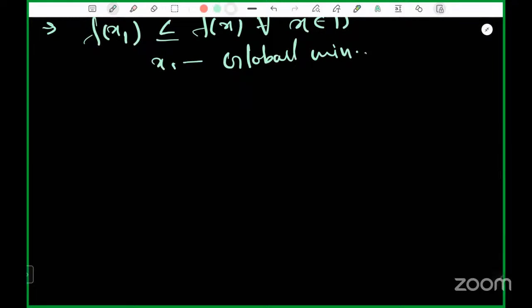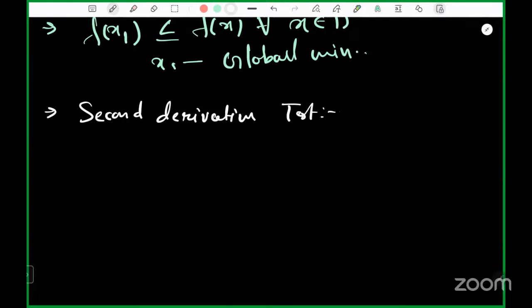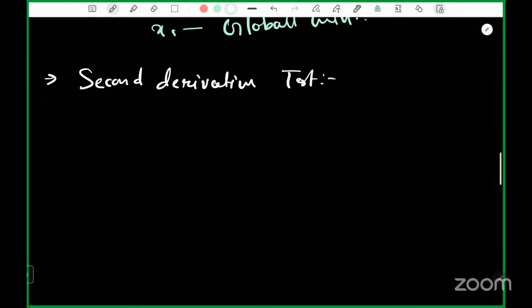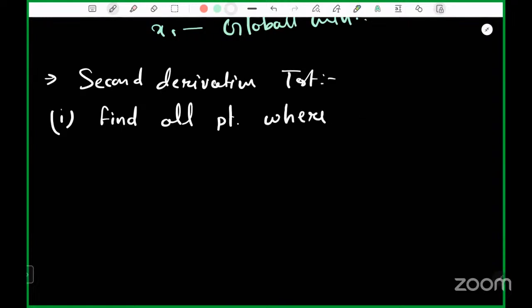So there is one second derivative test. If we substitute those roots in the second derivative, that is what you have to do. In the second derivative test, first of all, find all points where the first derivative is vanishing. That means f dash of x is equal to 0.